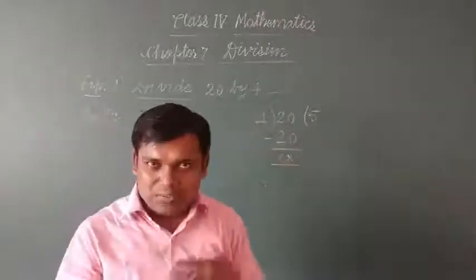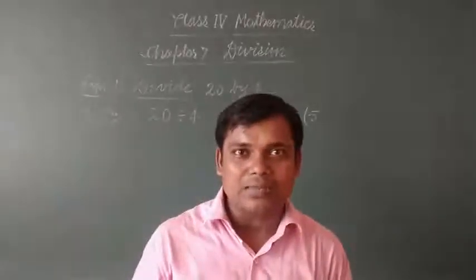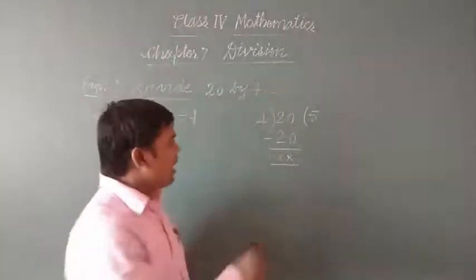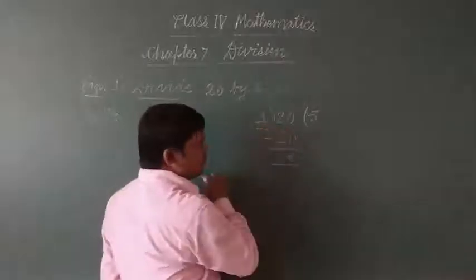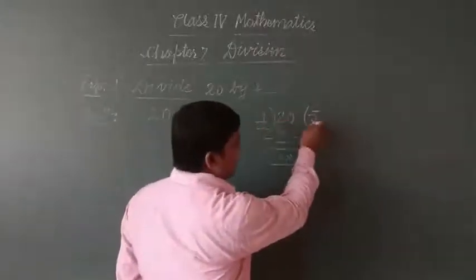Now I am going to make you understand the different terms of division. Here we have 4, here we have 20, and here we have 5.